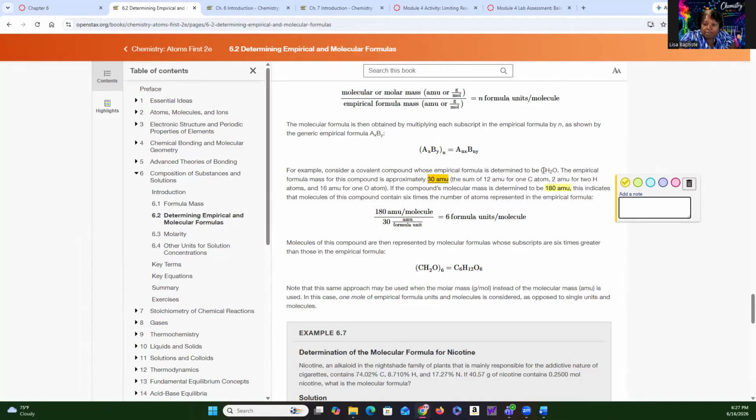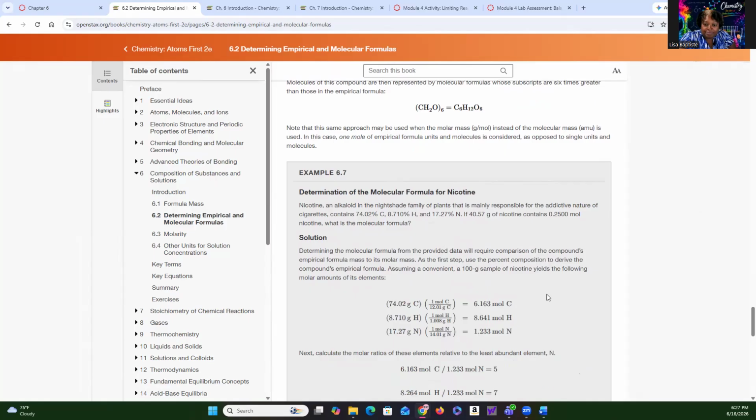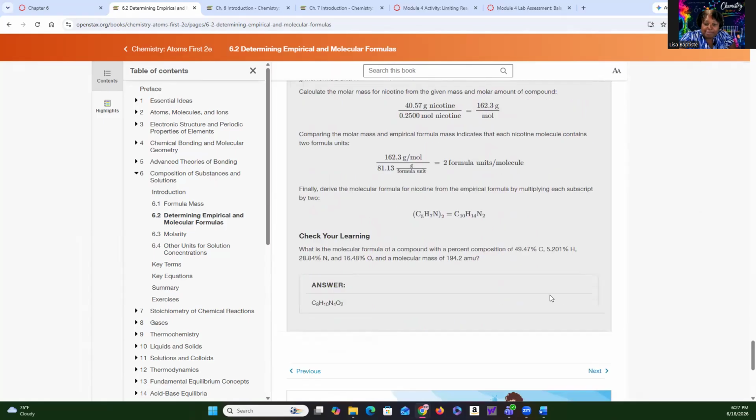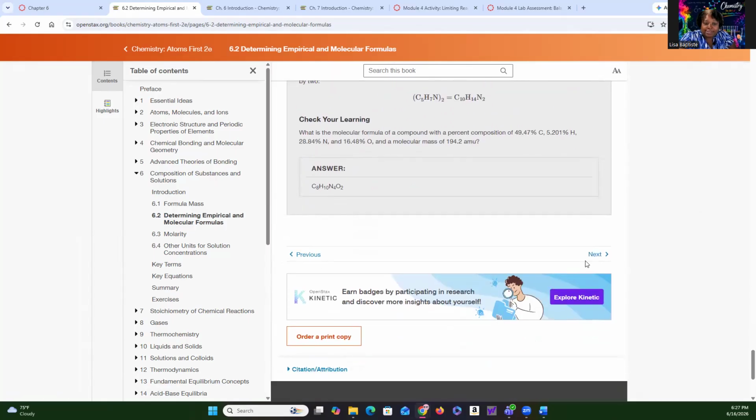So our empirical formula is CH2O. We are going to multiply all your subscripts by 6. So when we do that, we get C6H12O6. So that will be your molecular formula. So the first one is empirical, the second one is molecular. All right. And then there's some examples here so that you can practice that as well.